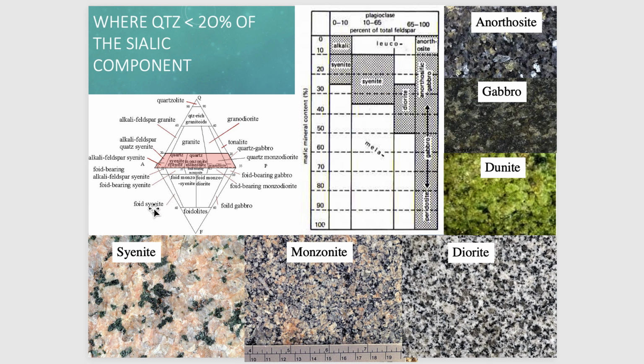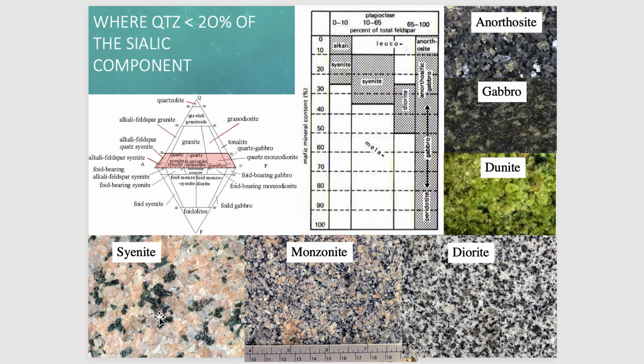Good. So if we look at this rock here, we can see that the mafics are more abundant, and we still have this pinkish K-feldspar that is quite distinctive. Okay, so if we cannot really see any abundant quartz, quite often we have to attribute this rock to something that has less than 20% quartz.